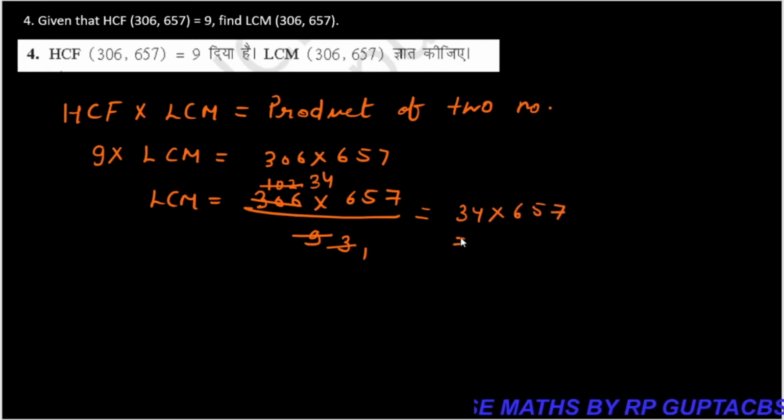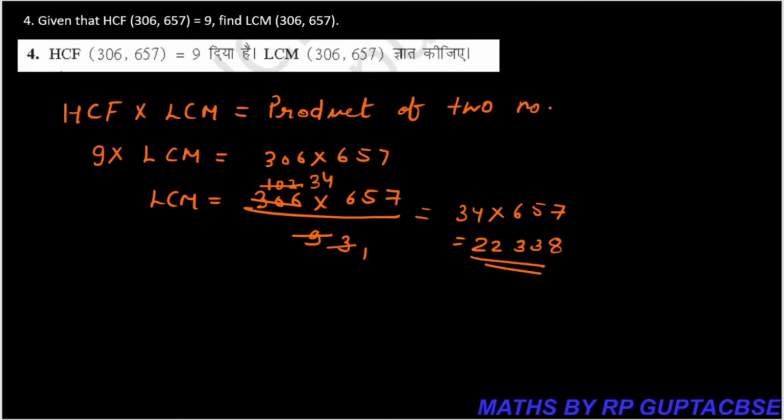You have to do the multiply, 34 into 657. It is a very easy multiply. What will you get after the multiply? You will get 22,338. I hope all of you understood this question.